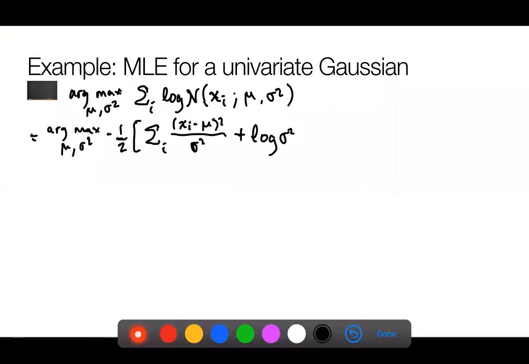This thing is still inside the sum. Plus something I'm going to call C.